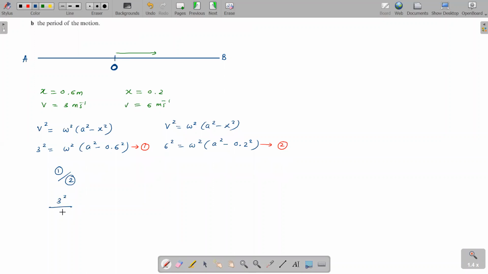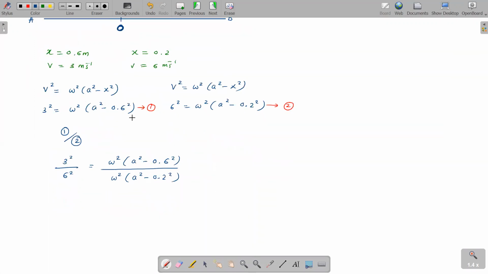3 squared over 6 squared equals omega squared (A squared minus 0.6 squared) over omega squared (A squared minus 0.2 squared). When you simplify, you can clearly see that when you divide, the omega squared cancels.